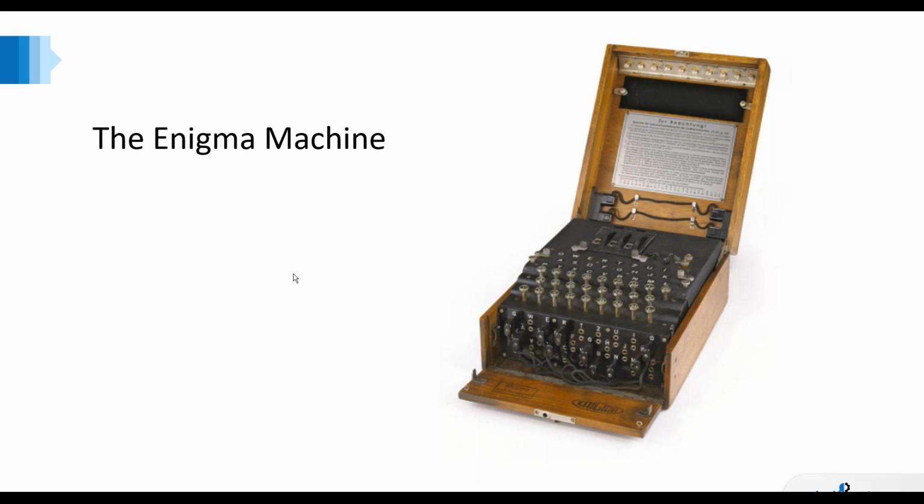There was a failure by the German troops to systematically introduce changes in their procedures. So when the Allies captured the key tables and the hardware, they were able to find a pattern in the data and start to decrypt those communications, which in turn turned the tide for the Allies' success during World War II.